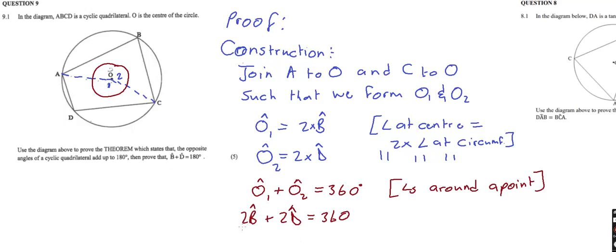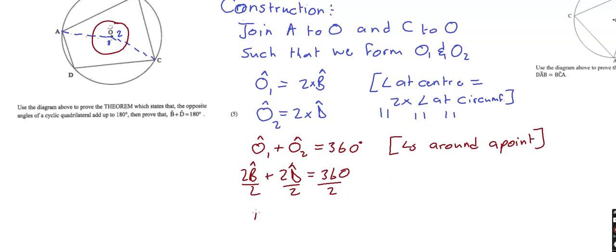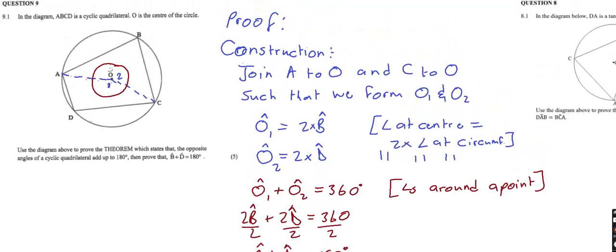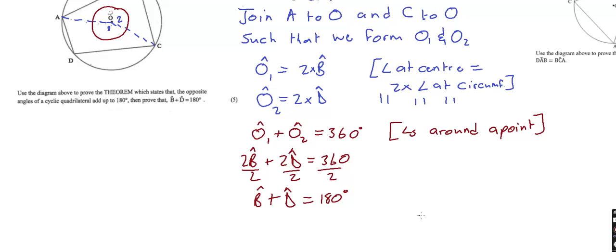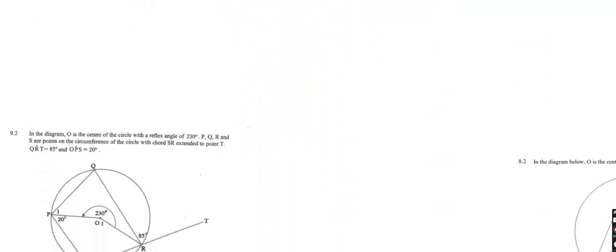We can divide everywhere by 2, and we will therefore get B plus D being equal to 180 degrees. We have now proven the theorem that we are asked to prove. So you can end the proof. Let's move on to the next one.